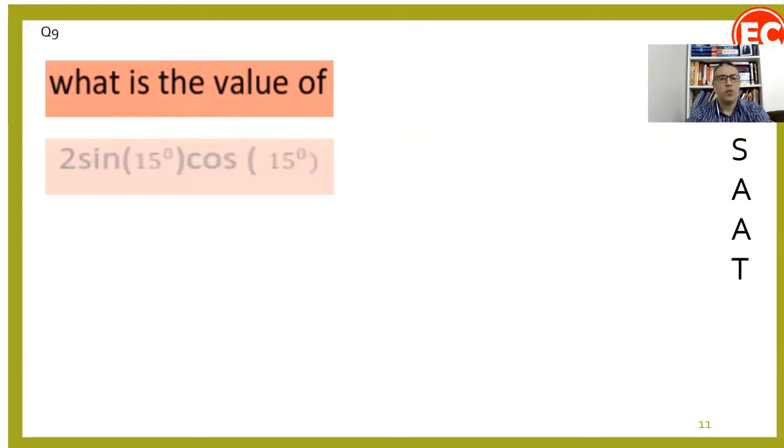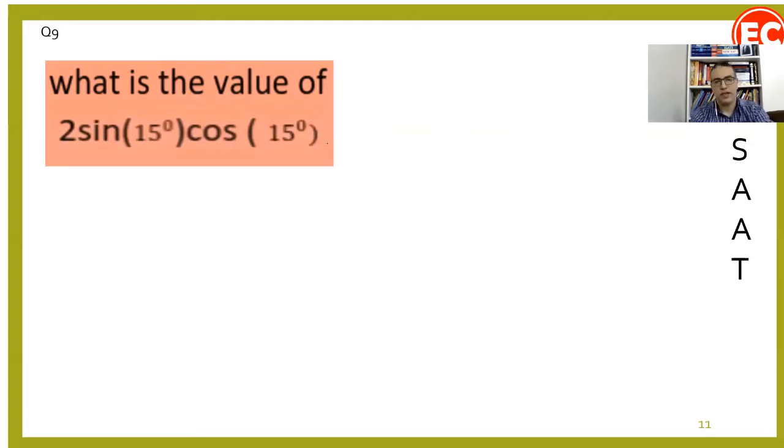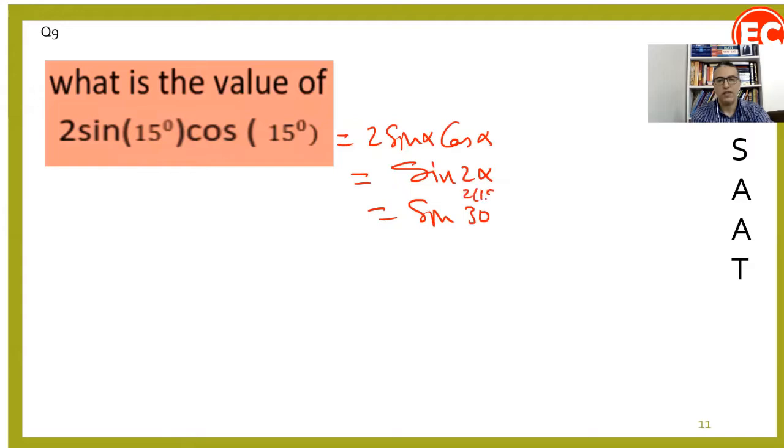Question number 9. What is the value of 2 sine 15 cosine 15? 2 sine cosine is the same as sine of twice the angle. So it's the same as sine 30, and sine 30 is equal to half.